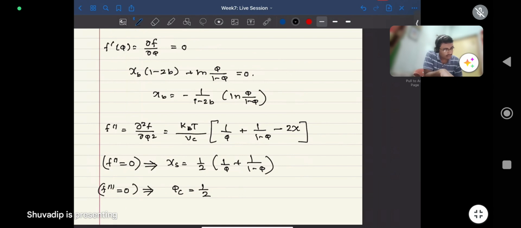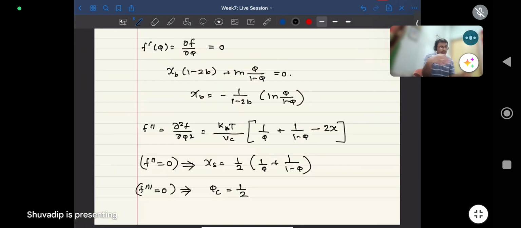So the first derivative gives us the equation of chi b, which gives the binodal line, and then the double derivative gives us chi s, which is the equation of the spinodal.